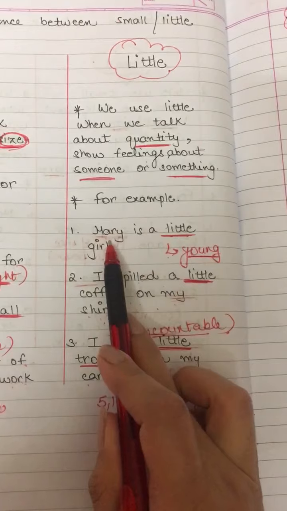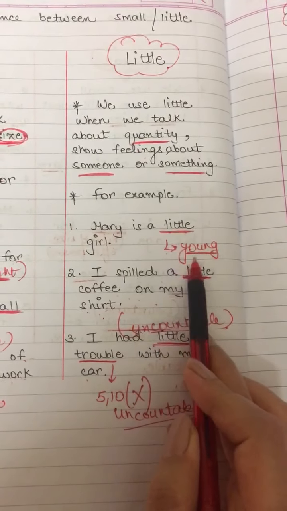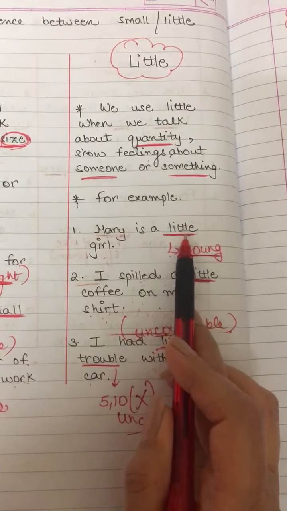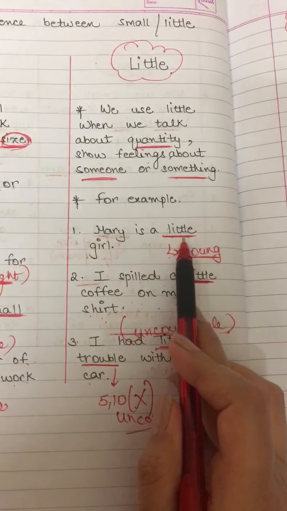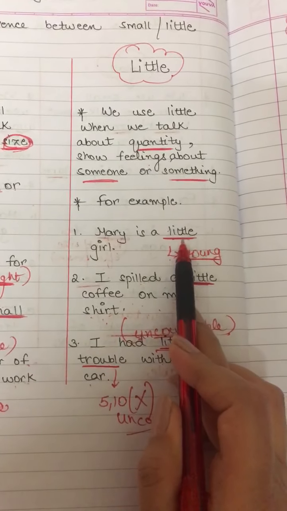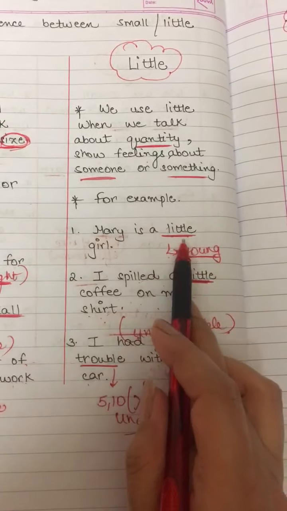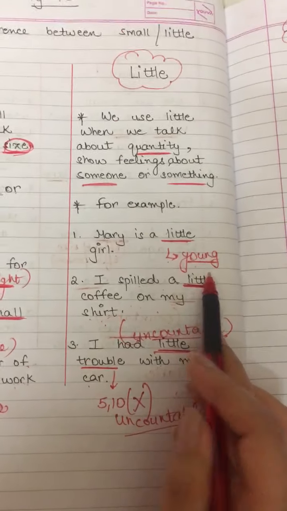Now we are talking about Mary who is little. Here little means that she is young. If we had written small over here, that means she is small in height. But over here we have written little, that means she is young.